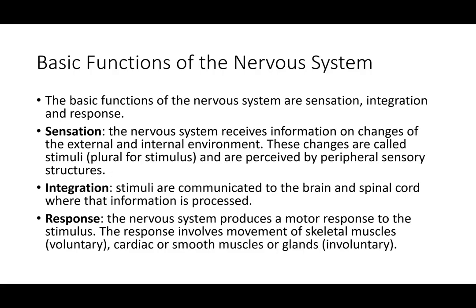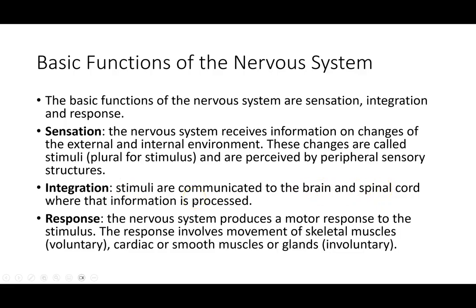So these different changes are called stimuli, and so they're perceived by our peripheral nervous system and then sent to the central nervous system for integration. So those stimuli coming into the central nervous system are going to get processed by the brain and spinal cord, depending on what information it is and where it's coming from.